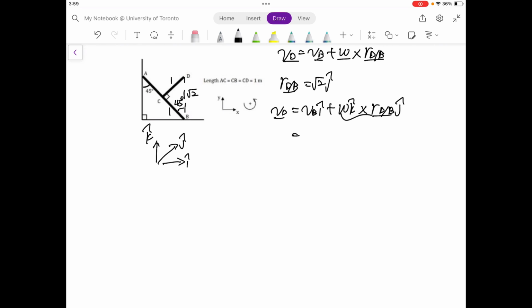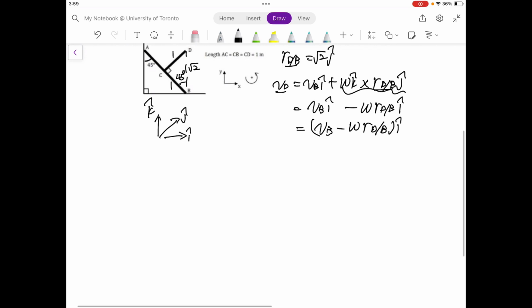So this part we can write as negative omega R D B I. So VD is equal to VB minus omega R D relative to B I.